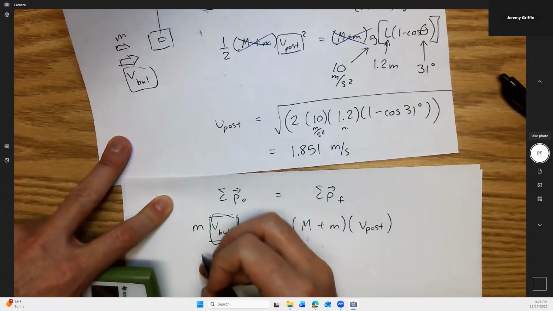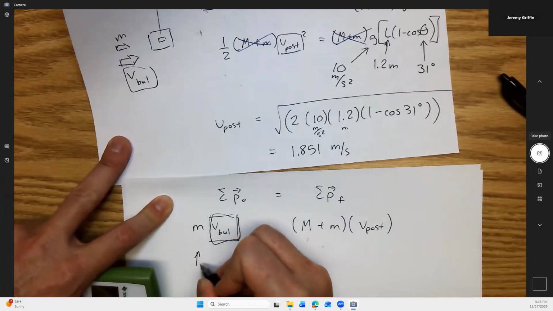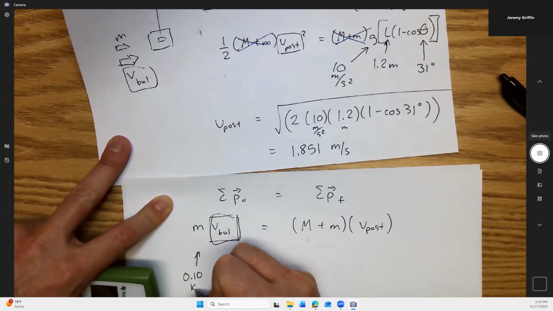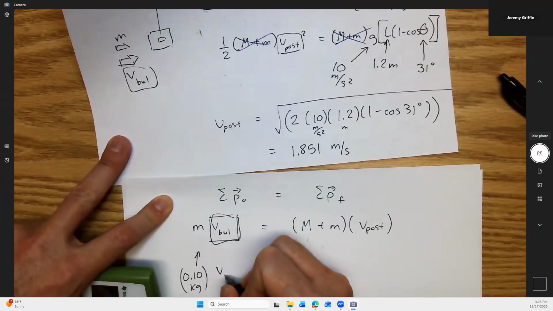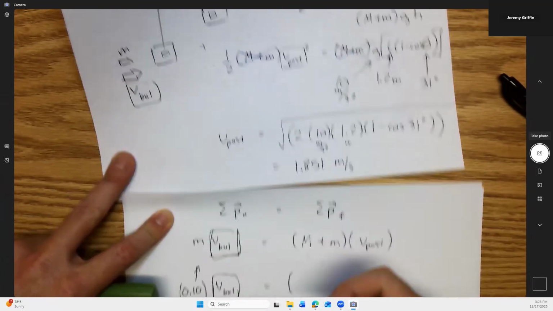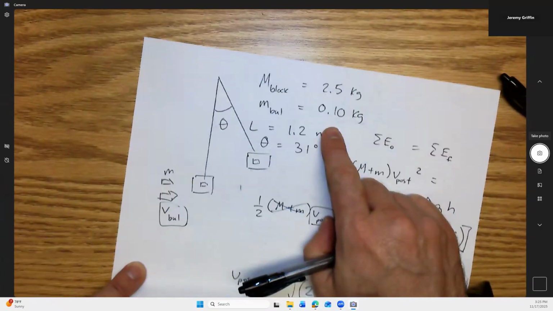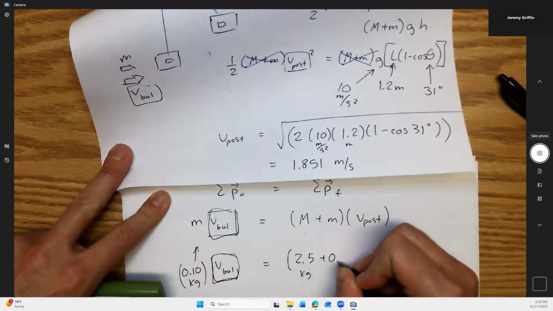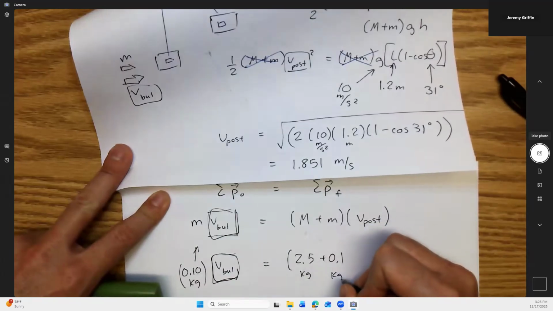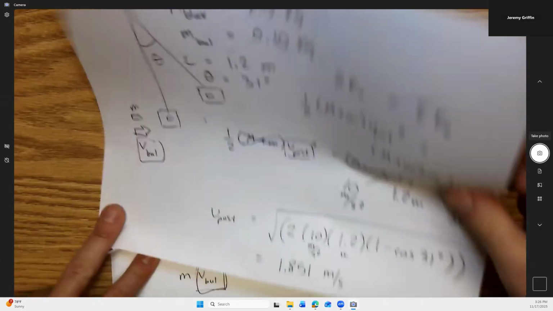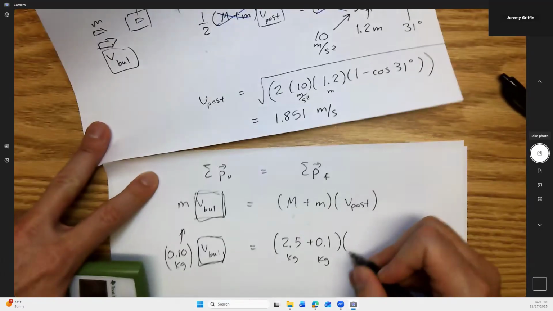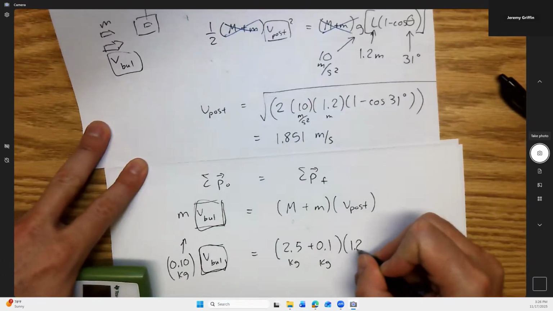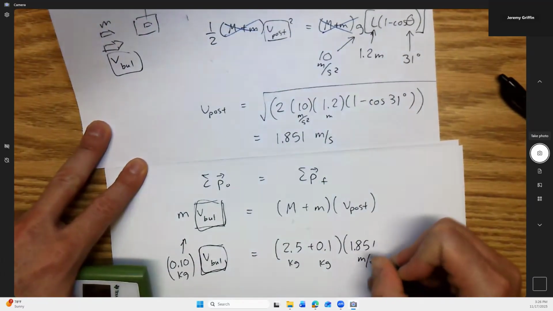Now I know all these values because I gave you the mass of the bullet as 0.1 kilograms, or 100 grams if you like. The bullet we're solving for. The block I gave you guys was 2.5 kilograms. And now the bullet's embedded in it, so I'll add that too. And then the post velocity I have right here, 1.85 meters per second.